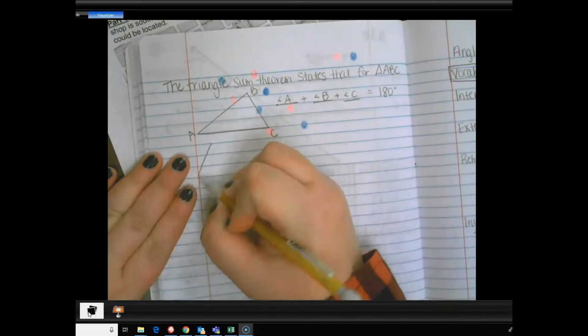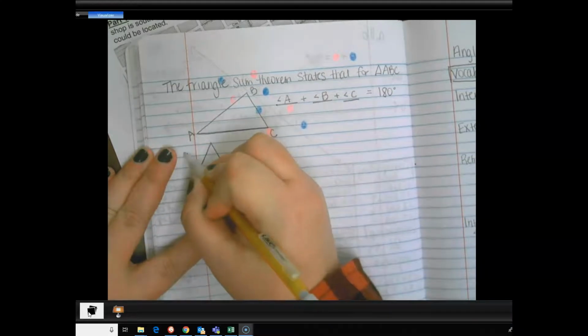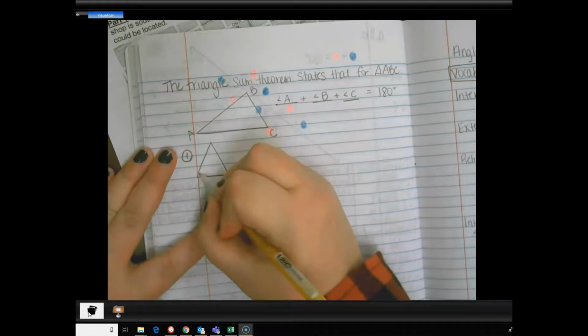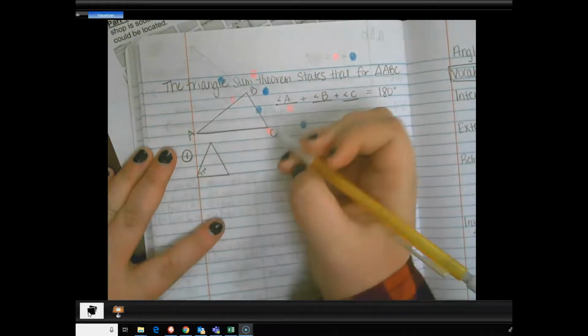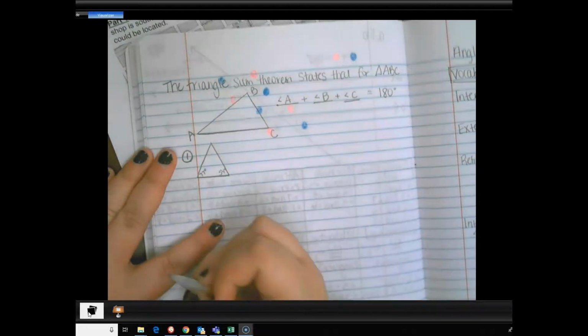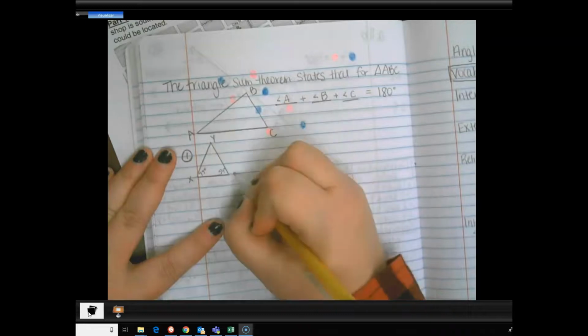All right? So our first one is we're going to draw a triangle, and I'm going to call this number 1. We have that this angle is 77. This angle is 54. And our triangle is X, Y, and Z. So we want to know what angle Y is going to equal.